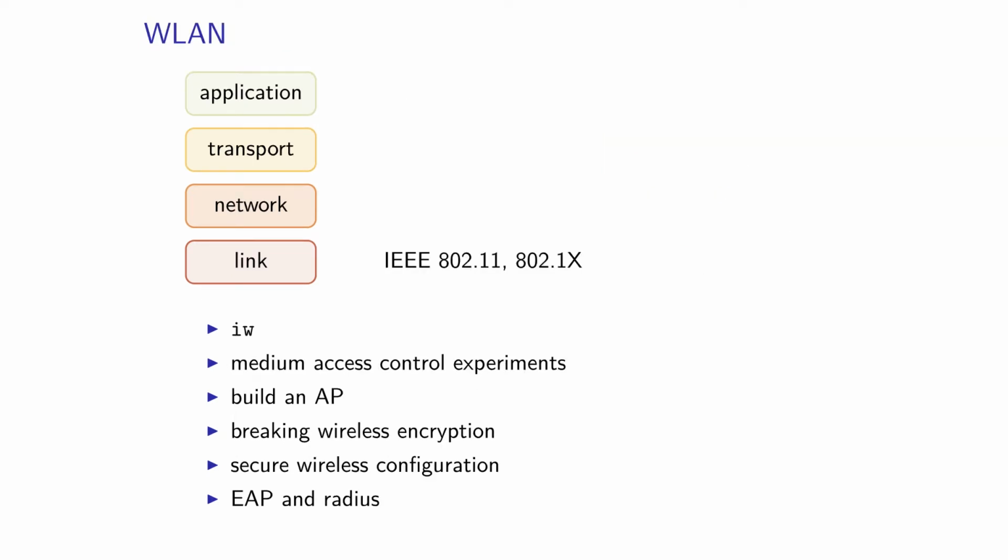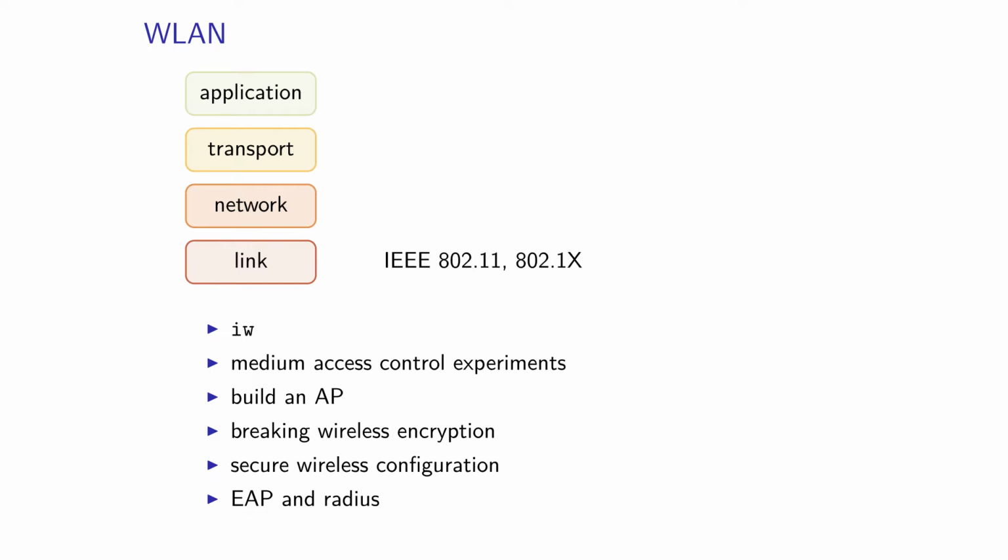And the final lab will be on wireless LAN. So as you may have noticed, we went up from the lower layers up to the higher layers, and now we're back to the very lowest layer again, so we're back to layer 2, and we will take a look at how wireless transmissions work, in contrast to wired transmissions.